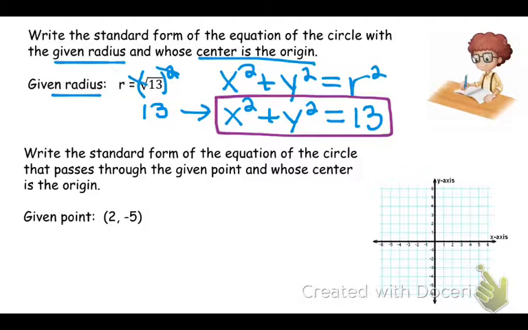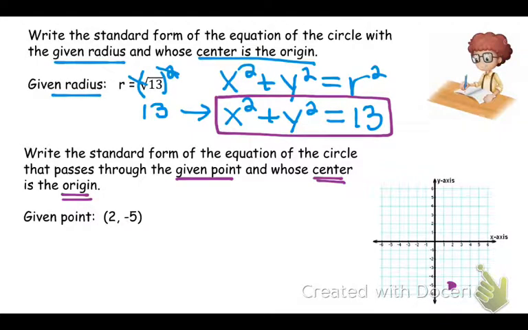All right, in our final example, it says that we are given a point, and we're still at a center that is at the origin. So our given point is 2, -5, so we're going to go over to our graph, go over 2, down 5, and plot our point.